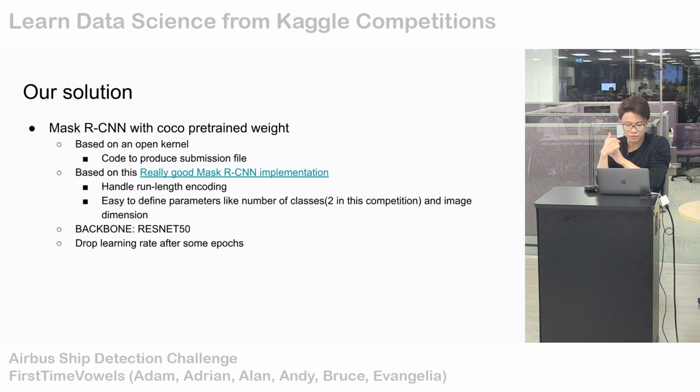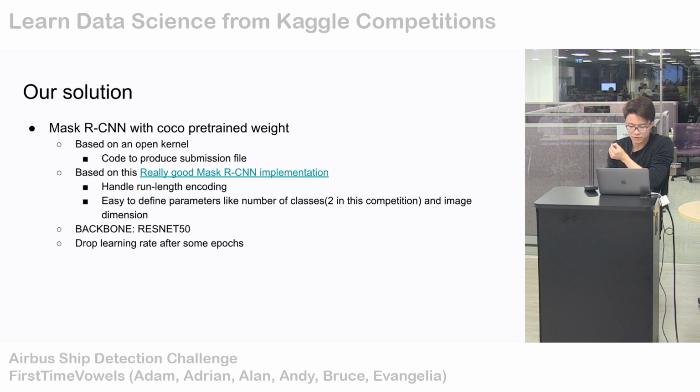And our solution is based on an open kernel. But that kernel can only run on the Kaggle kernel, which you can only train for, I think, 6 hours. And then I modified it a little bit so we can run it on our GPU.